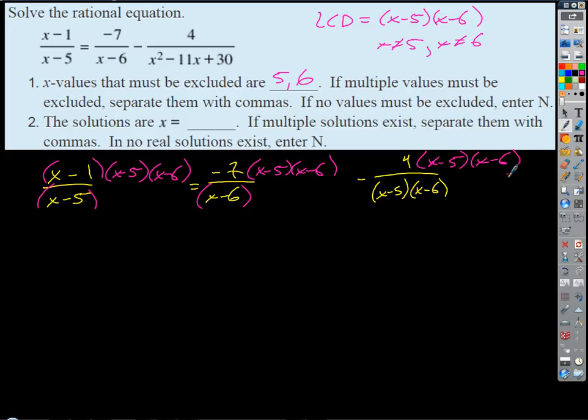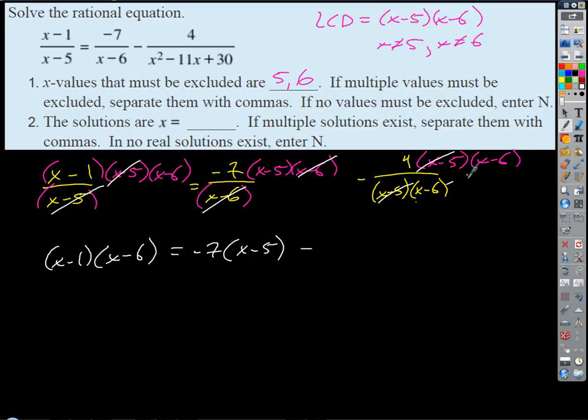Okay, so what cancels? In the first one, the x minus 5's cancel, leaving me with x minus 1 times x minus 6. What cancels here? The x minus 6's, leaving me with negative 7 times x minus 5 minus everything but the 4. Good, so just minus 4, right?